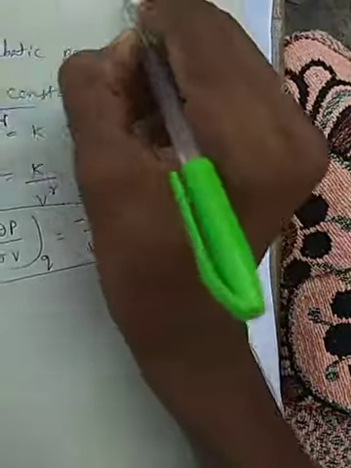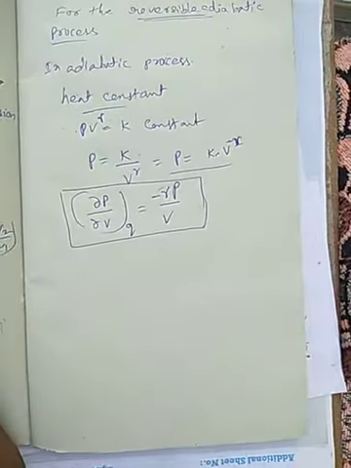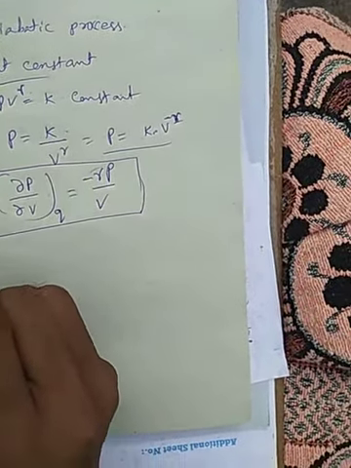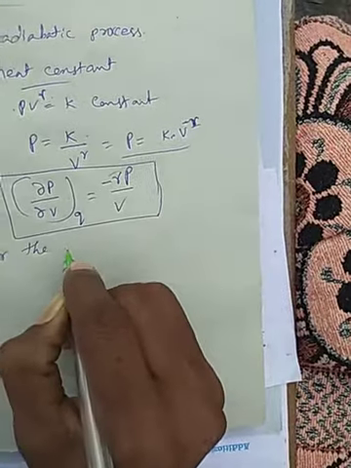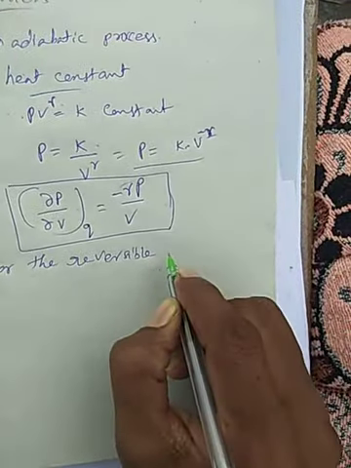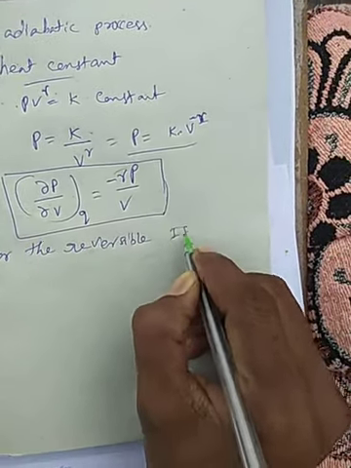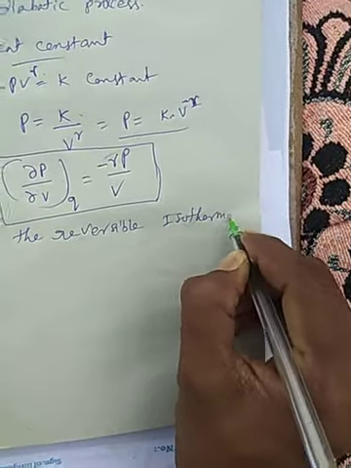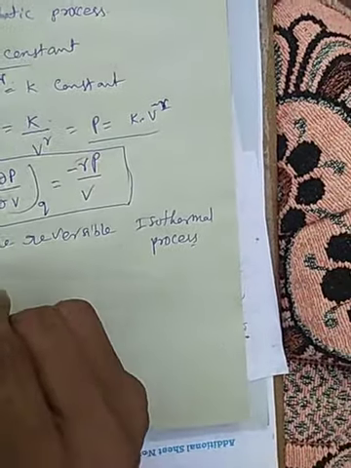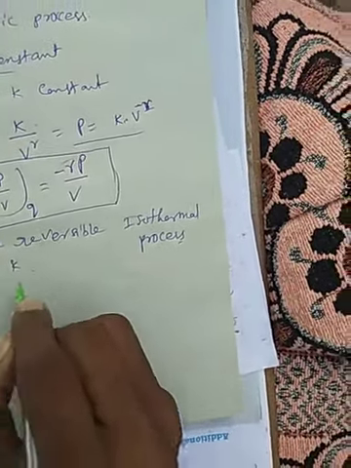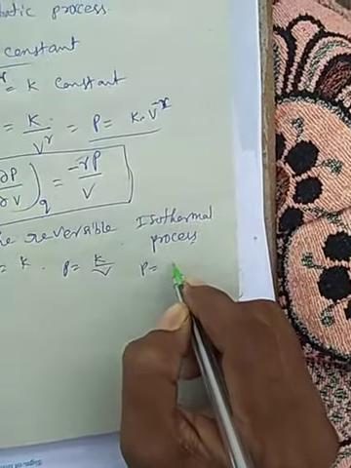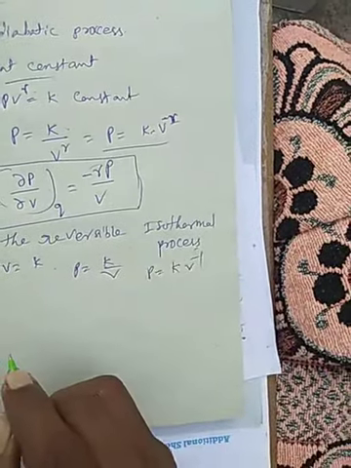It is for the adiabatic process in the reversible process. Similarly, for the reversible isothermal process, we know PV is equal to constant K. Now P is equal to K by V, that is K into V inverse.